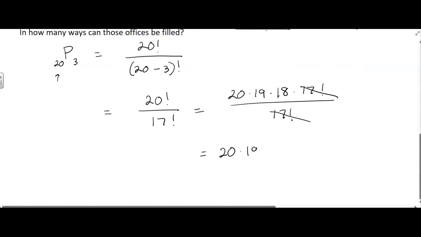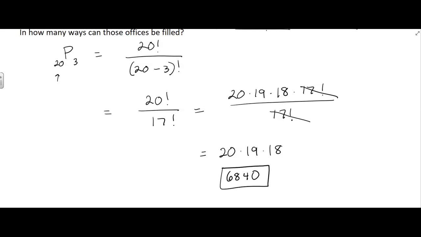So I'm going to put this in my calculator. It's going to take me a minute. So 20 times 19 times 18. Oh, my calculator's not on. Okay, 20 times 19 times 18, and I am getting 6,840. So a lot of times our answers are big numbers because there may be a lot of different ways we could get these combinations.